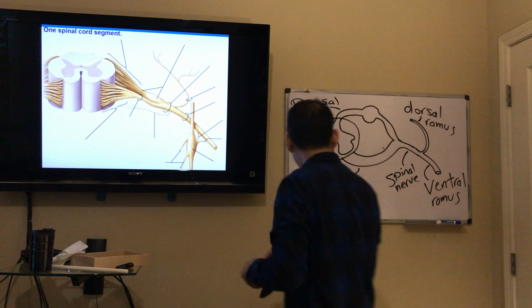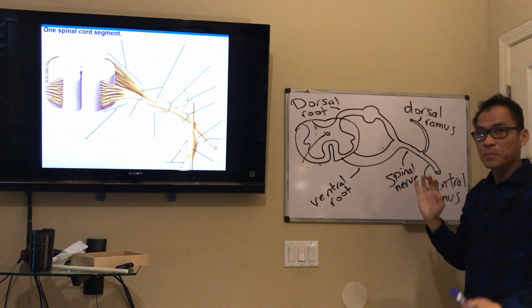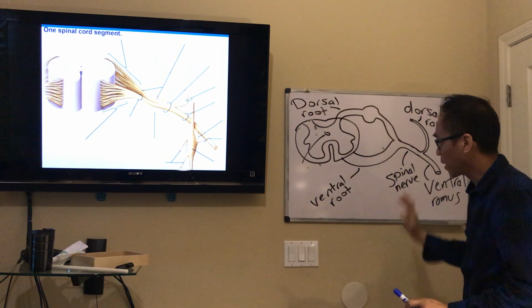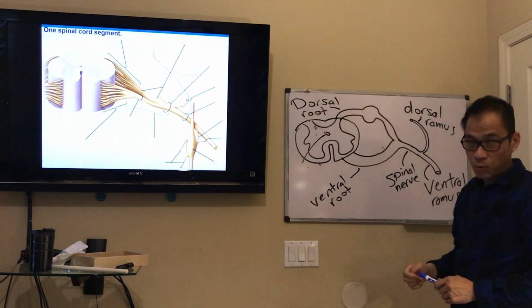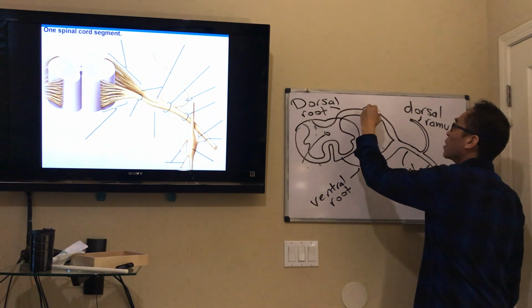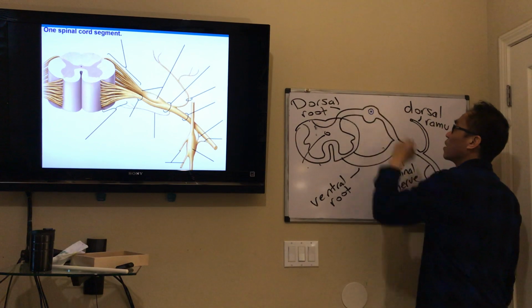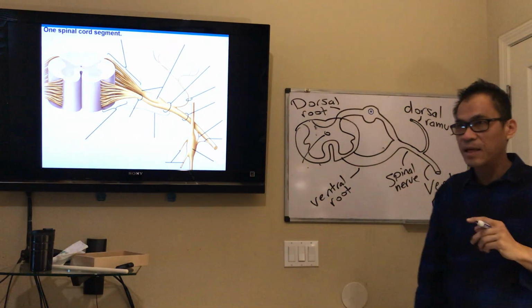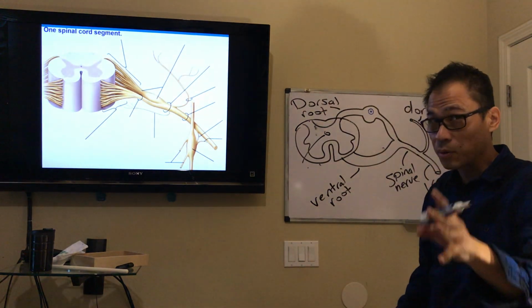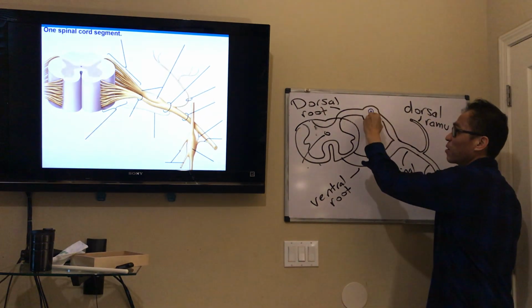What you should know is that sensory neurons, they kind of live in the dorsal root. The cell body of the sensory neuron is right here. It has a unipolar structure. We learned about that, look in your notes. Unipolar structure right here.